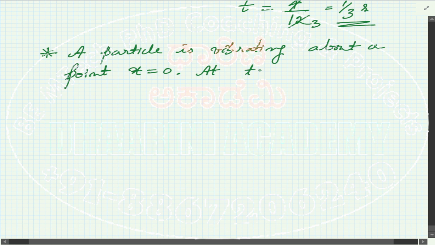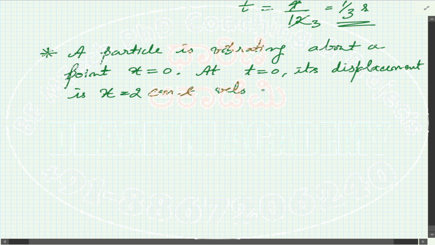At t equal to 0, its displacement is x equal to 2 centimeters and velocity equal to 0.